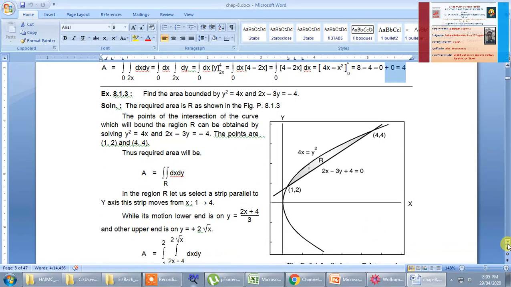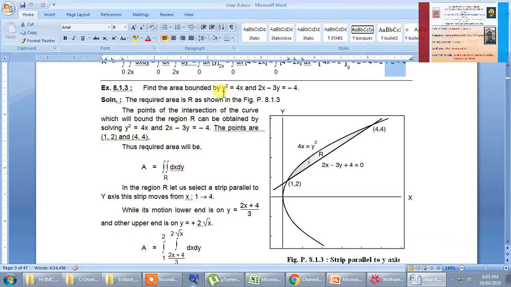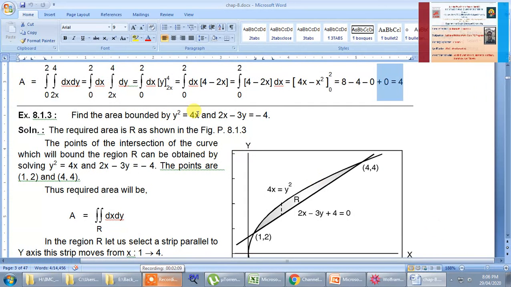Find the area between y square equal to 4x. Note that y square equal to 4x is a rightward open parabola, and 2x minus 3y minus 4 is a straight line. So you need to recognize this straight line. Put x equal to 0.